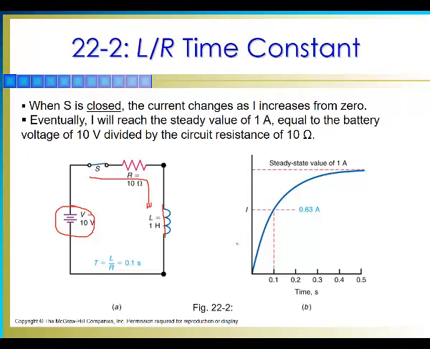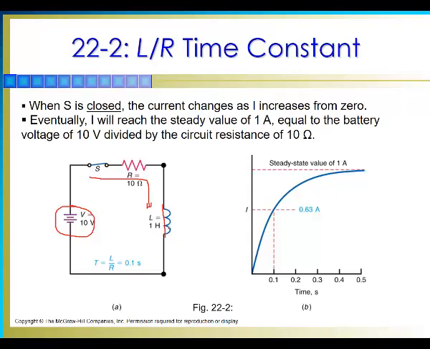Once it gets to 1 amp, that is what we call the steady state value, which will remain there. There will be no change, so the inductor will actually behave as a short circuit. The current just goes through the coil like a regular wire, and we have no reactance at all because we're not applying a change in current.